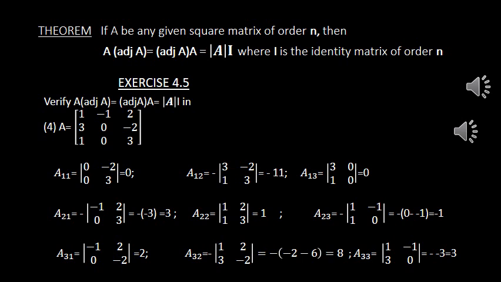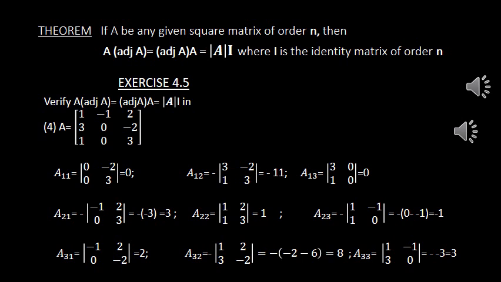So we need the cofactor of each of the elements of determinant A, or each of the elements of matrix A. So we find A11, the cofactor of the first element 1, which is given by negative 1 raised to 1 plus 1, times the value of the 2 by 2 determinant 0 negative 2, 0 3, equal to 0. A12, that is the cofactor of the second element negative 1.